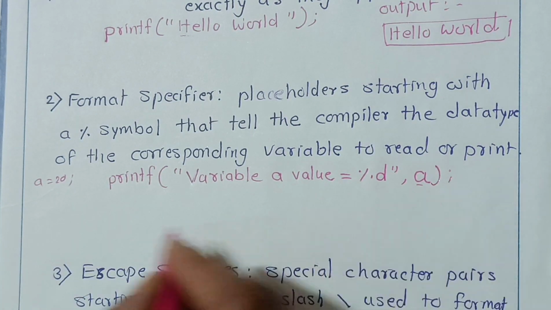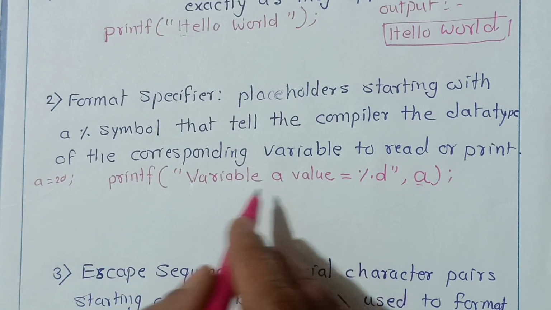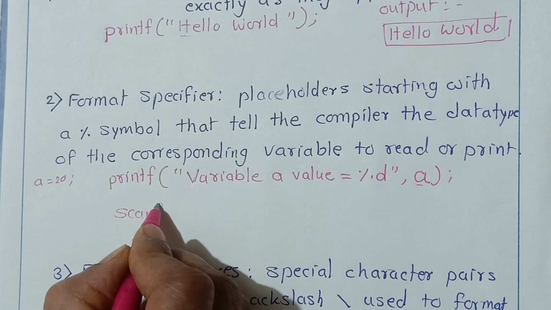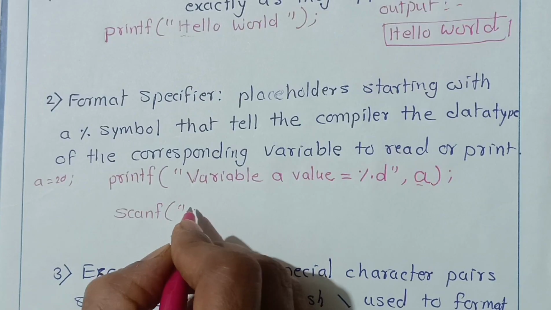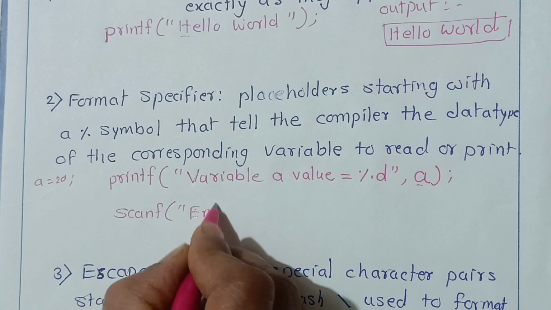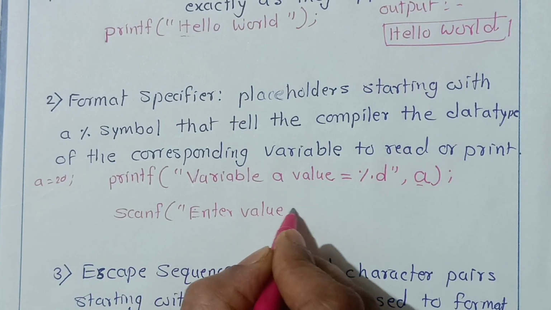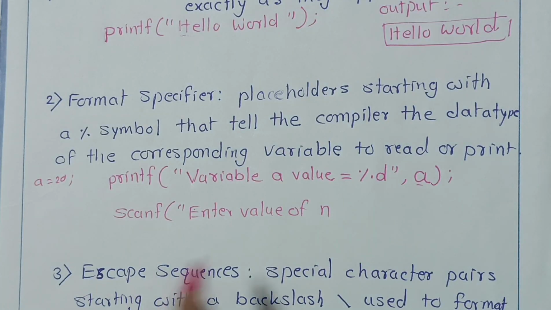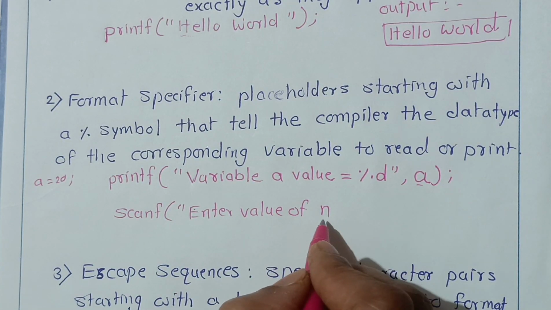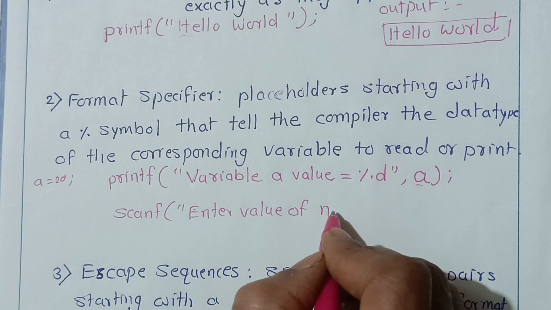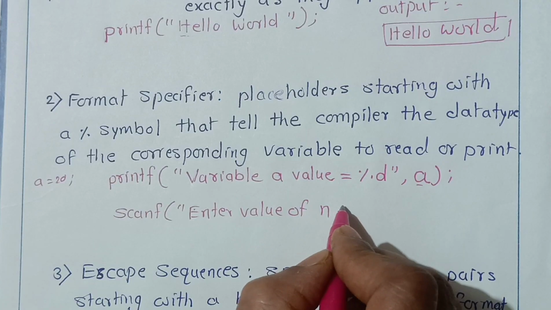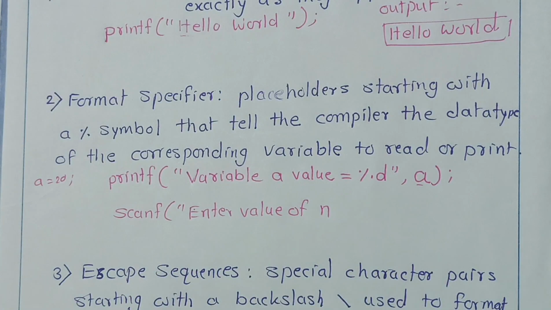In the same way, if you want to read a value, we use scanf. Suppose we are reading the value of n, which is a floating point or decimal variable.